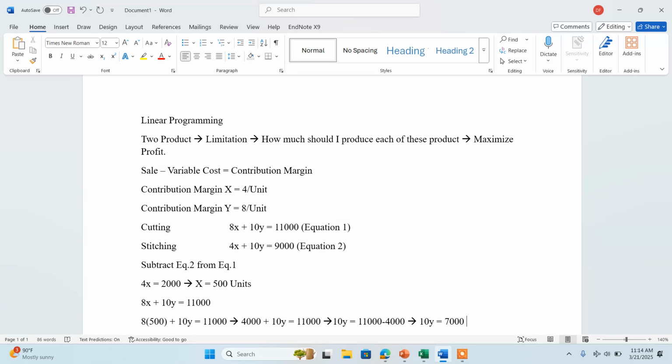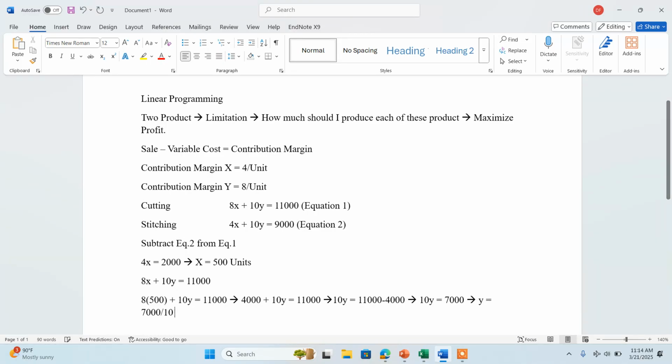10y is equal to 7,000. We can find y, and y is 7,000 divided by 10, so the answer is 700 units.